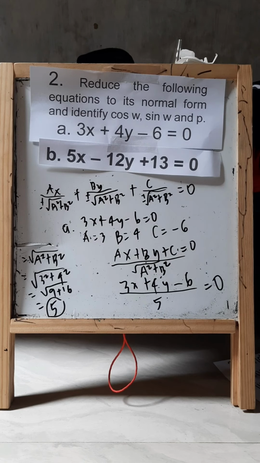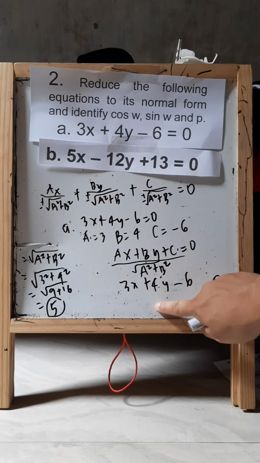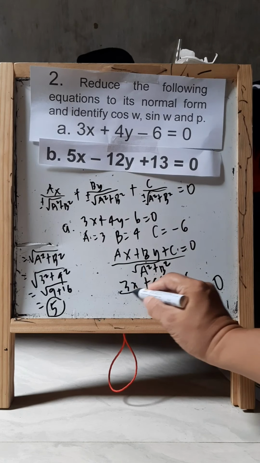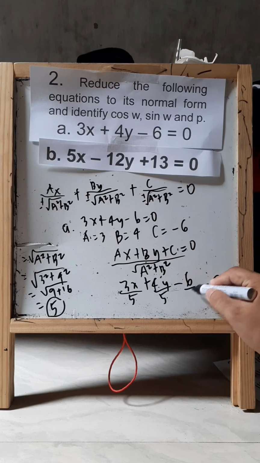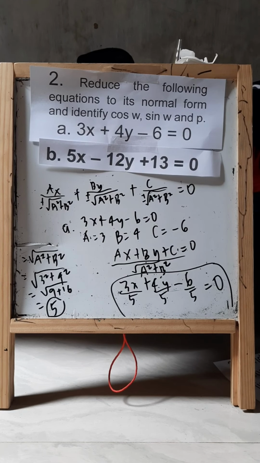So in short, we are going to divide all terms by 5. And this is now the normal form of the equation 3x plus 4y minus 6 equals 0: 3 fifths x plus 4 fifths y minus 6 over 5.